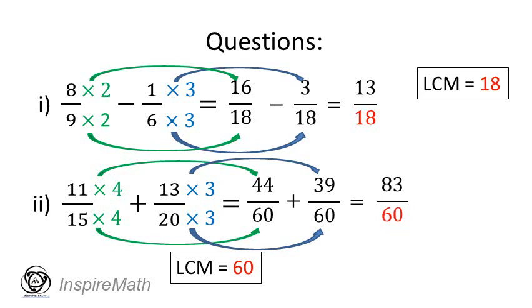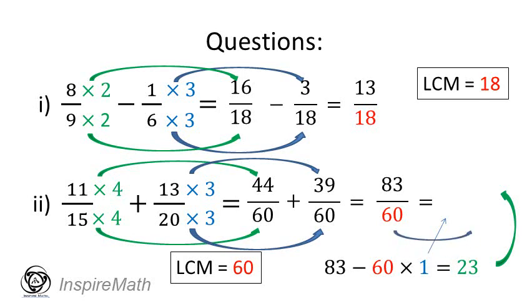So 83 over 60 is the final answer, but for those who prefer the mixed number, we can change 83 over 60 to a mixed number. You can fit 1 sixty in 83, so we can subtract 60 times 1 from 83, and we get 23. The denominator stays the same, so we have 1 and 23 over 60.